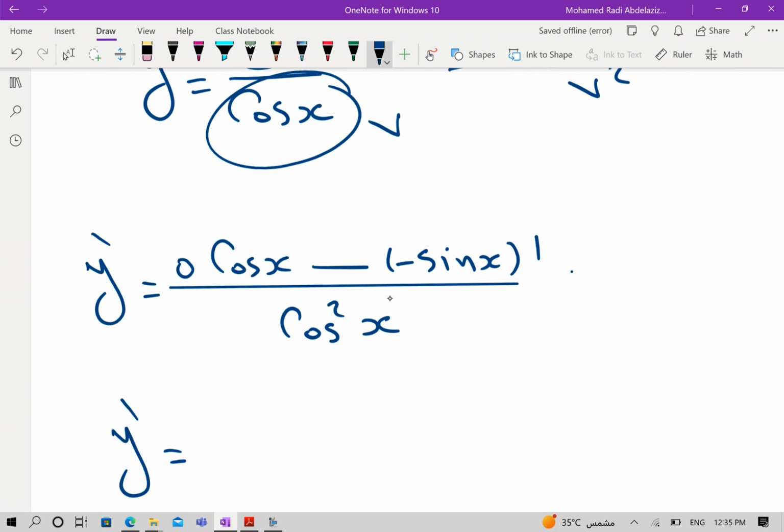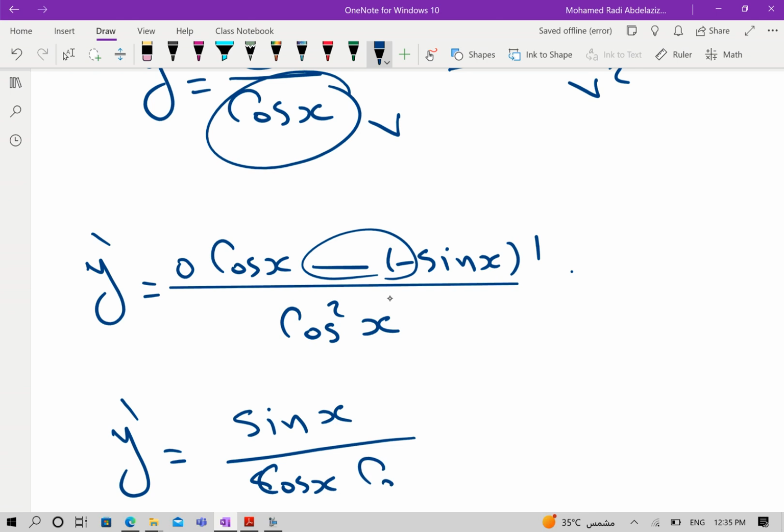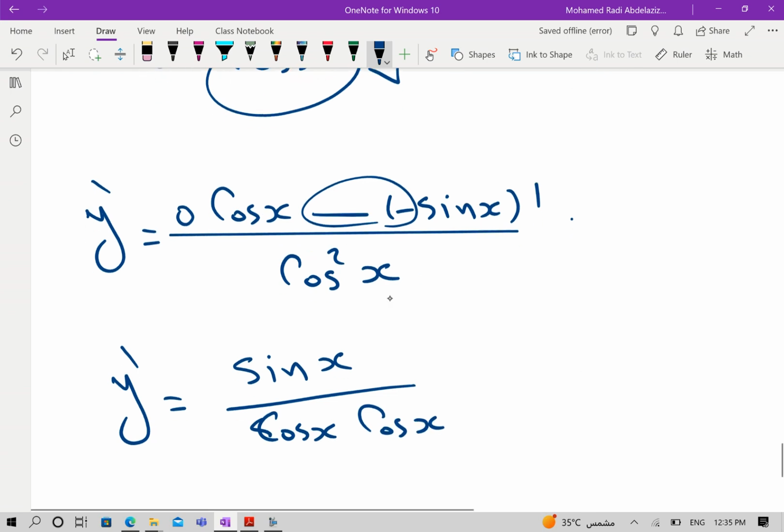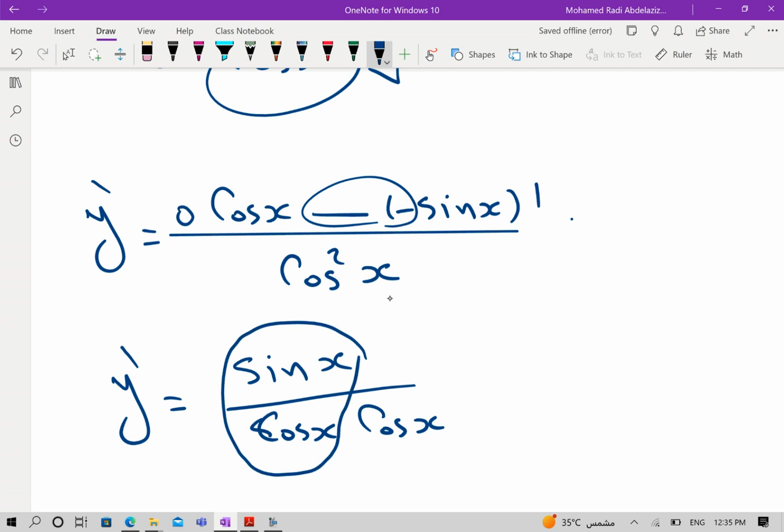Y dash is negative negative is positive sine x over cosine x into cosine x. We can write it like this: cosine squared is cosine times cosine. Sine over cosine is tan. 1 over cosine is sec. So sec x tan x.